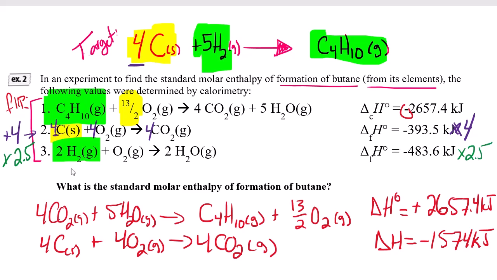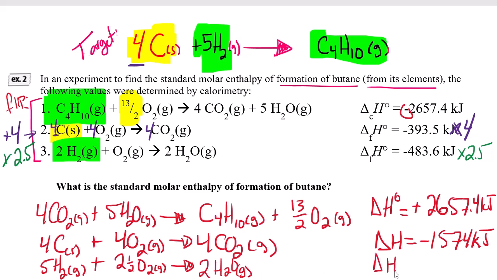So let's do it here. I've got then 5 hydrogens plus 2.5 oxygens. It doesn't really matter whether you write it as a fraction or a decimal. And 2 water vapors.